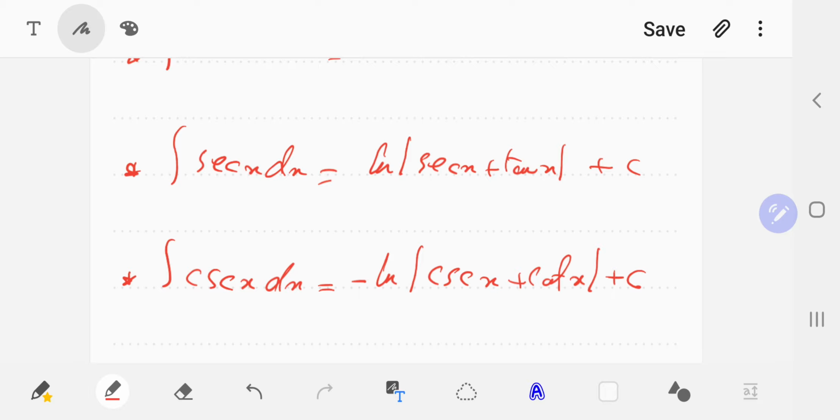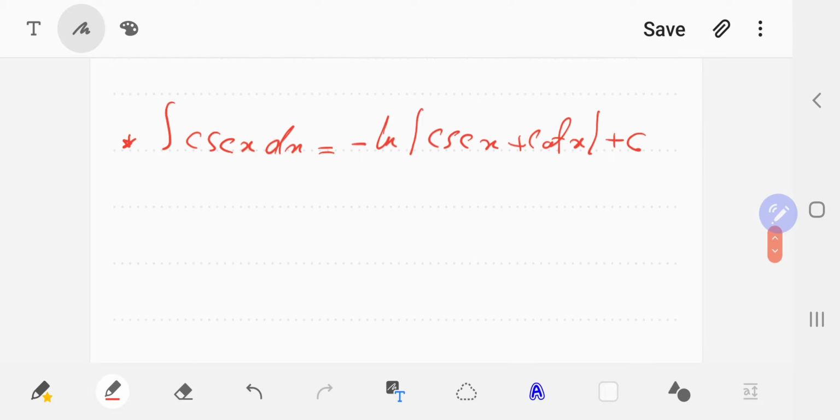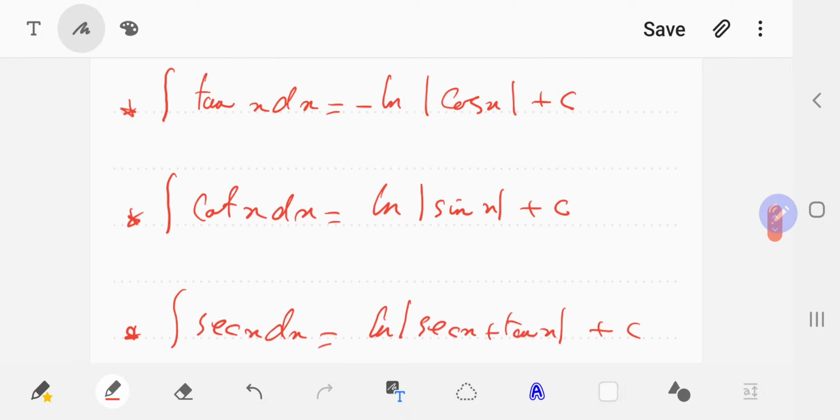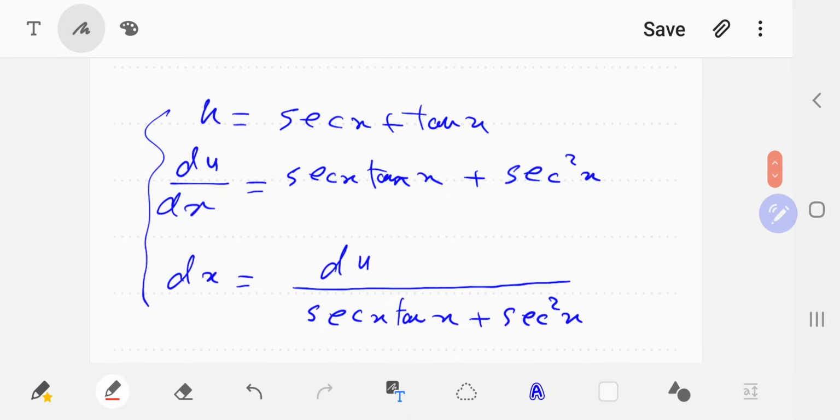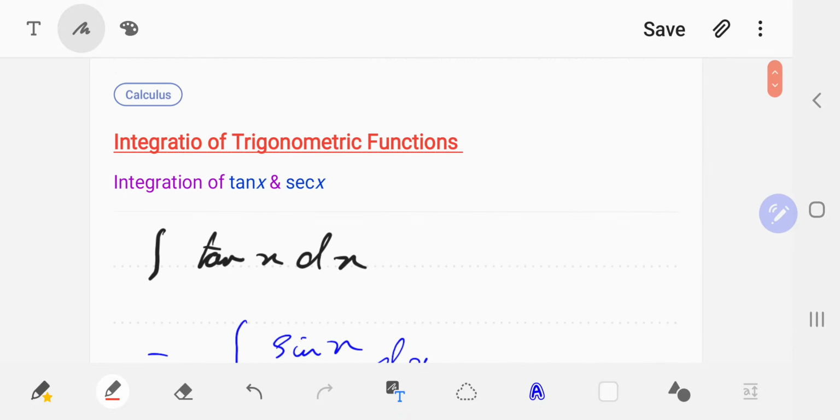And of course we know that the integration of sine is negative cosine, integration of cosine is sine. Well, I hope that this was helpful, how to integrate tan, cotan, secant, and cosecant.